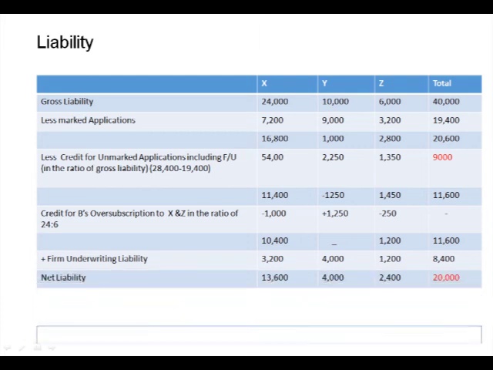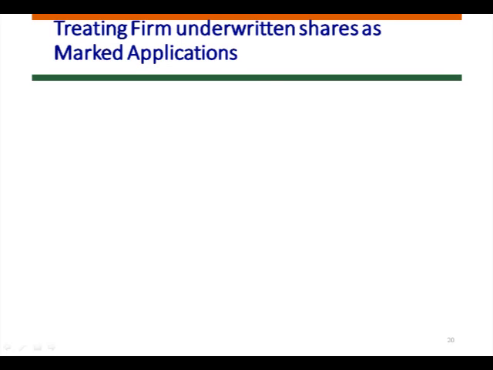That will be their net liability. So their net liability will be 13,600, 4,000 and 2,400 respectively in case of X, Y and Z, and total net liability, that is joint liability, will be 20,000. Now we shall discuss treating firm underwritten shares as marked applications.